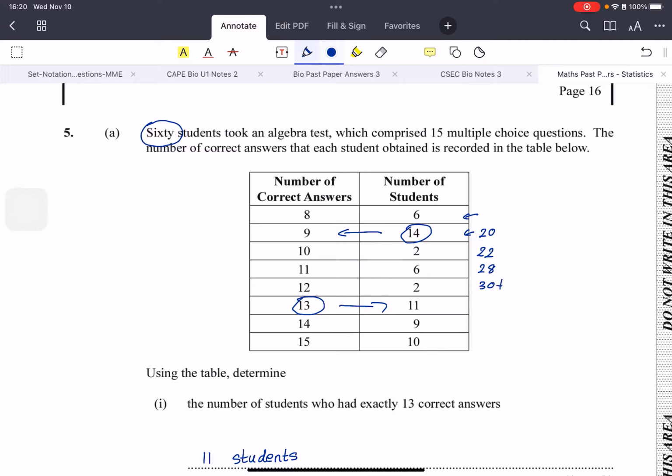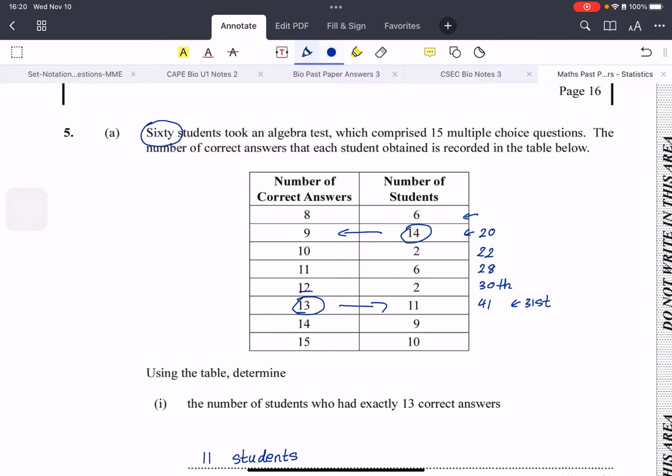So here we have our 30th student. However, we still need to find the 31st student. And where would the 31st student be? Obviously in this one, the people who got 13, okay? If you add 11 to 30, we'll get 41. So obviously the 31st student is in that batch, okay? So the 30th student would have gotten 12, and the 31st student would have gotten 13.